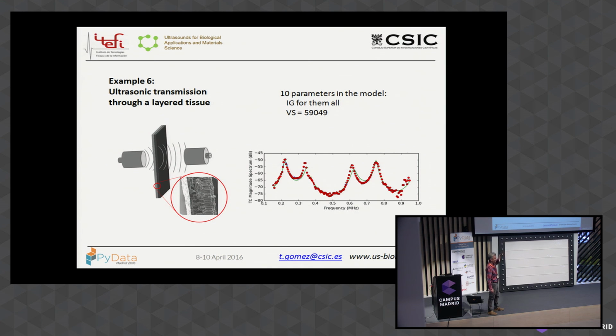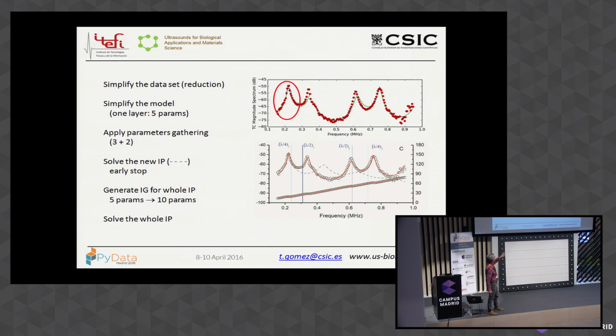In this case, you have 10 parameters, and this is a very complex problem, but you can start by solving the first part, and then you obtain the first 5 parameters. You can use these parameters to have a rather good initial guess for the rest of the problem, put these in the problem, and try to solve the whole problem.